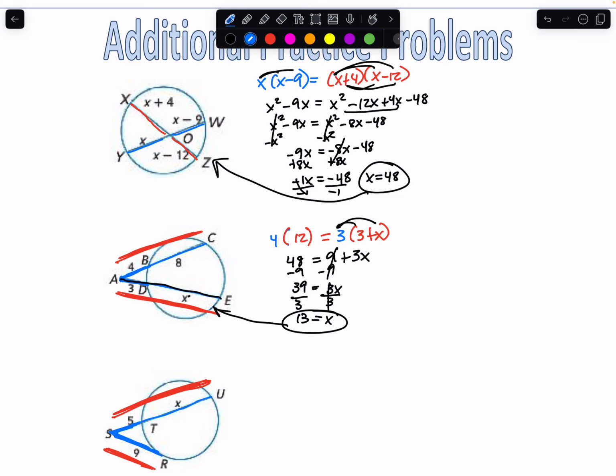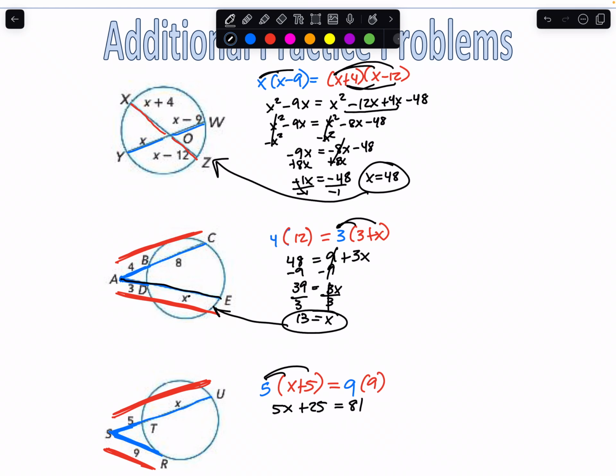So let's see our setup. 5 times the whole, which is x plus 5, will equal the outside, which is 9, times the whole length, which is also 9. Once it's set up, we multiply and we solve. 5 times x is 5x, 5 times 5 is 25, and 9 times 9 is 81.